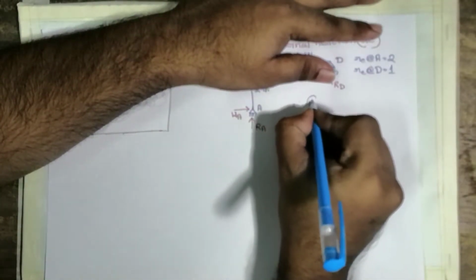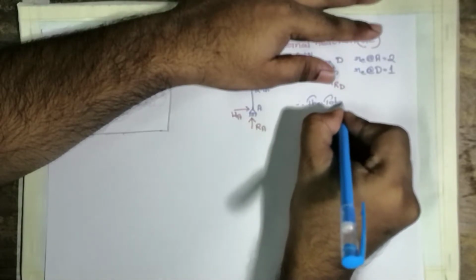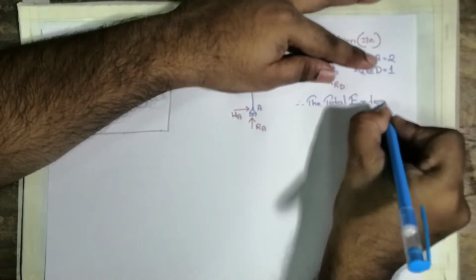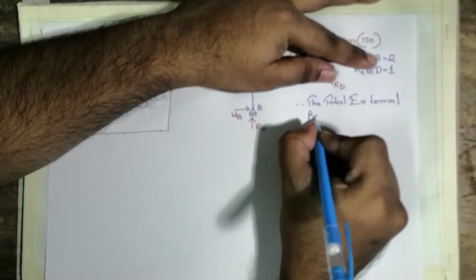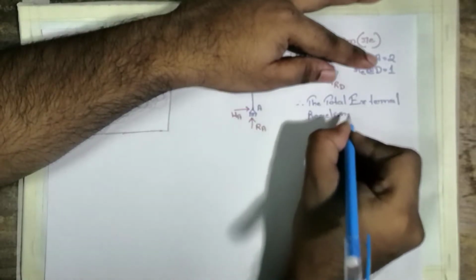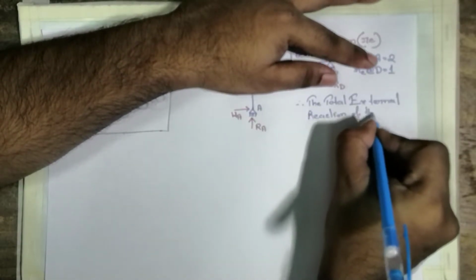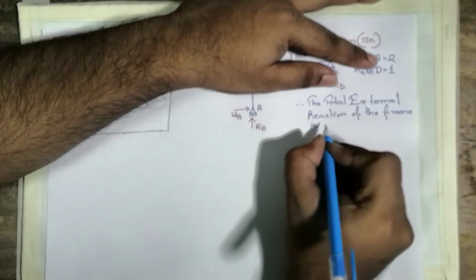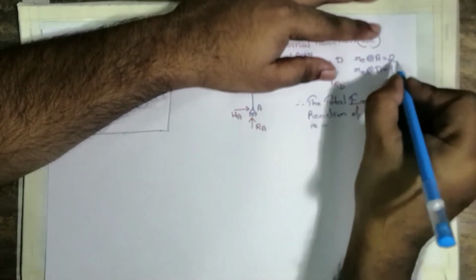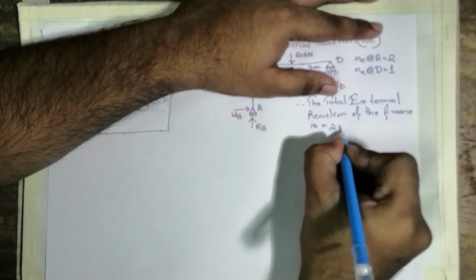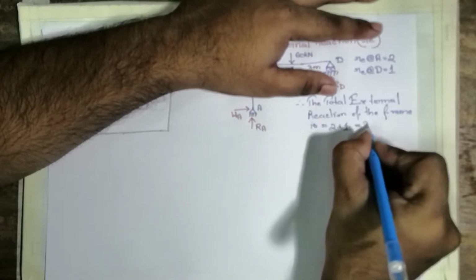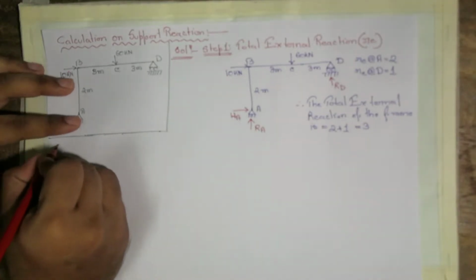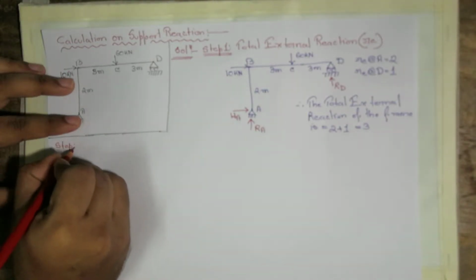Therefore, the total external reaction of the frame is 2 plus 1, 3. Okay. Now for step 2.